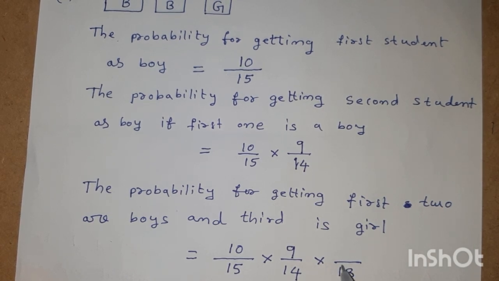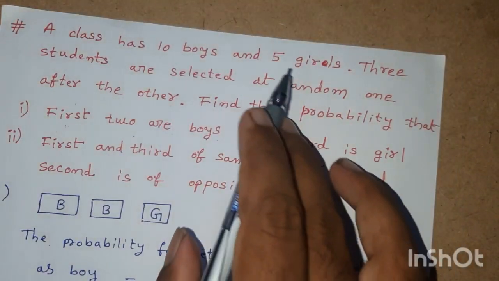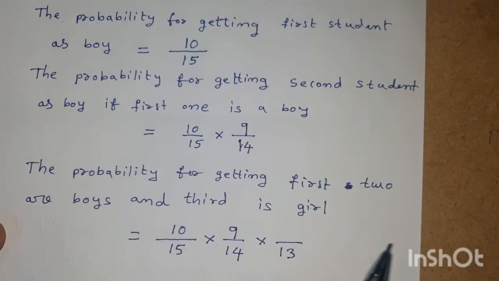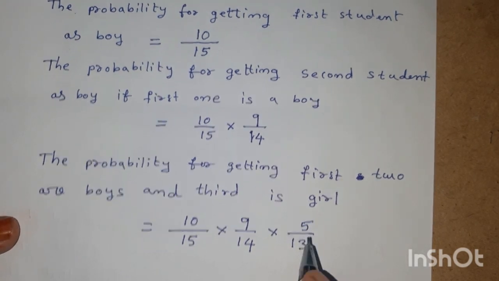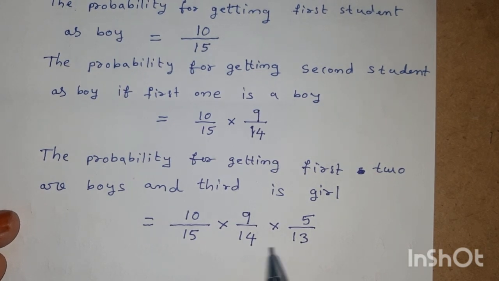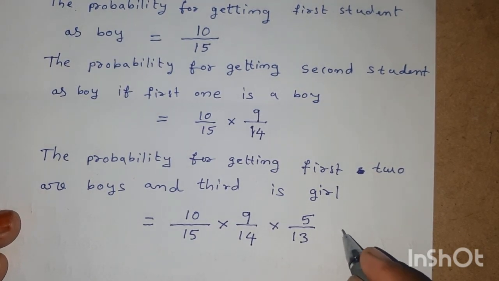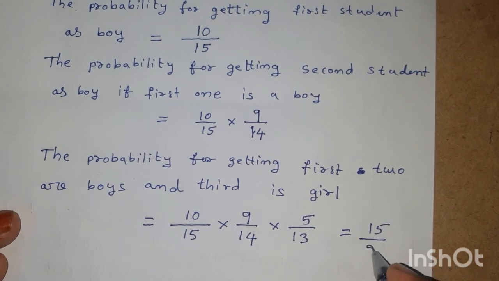Now among these 13 students we have to select a girl, but how many girls are there in the class? There are only 5 girls. Therefore 5 possible ways are there. This is the required probability to get the first 2 as boys and the third as a girl. The probability is 15 by 91.